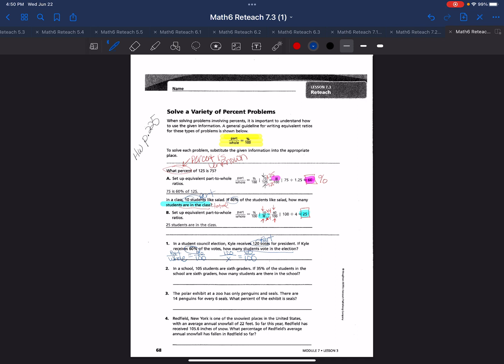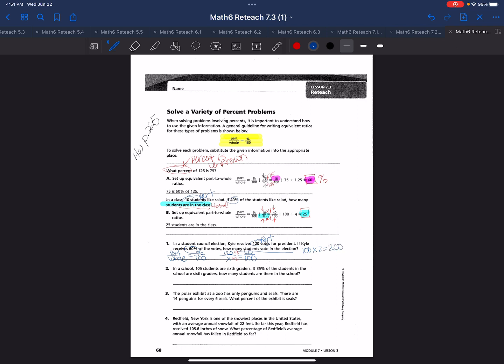And then I ask myself here, 120 divided by 2 is 60, and something divided by 2 is 100. So what would that be? So we can do the inverse and say 100 times 2 is 200.